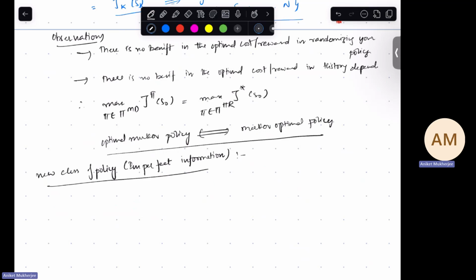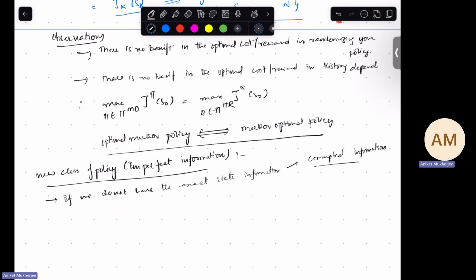So what happens if we do not have the exact state information, but some corrupted form of information? Then what do you do?